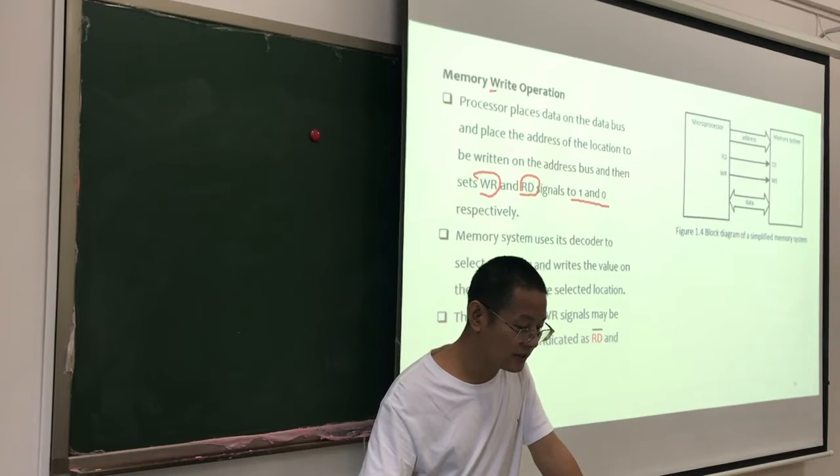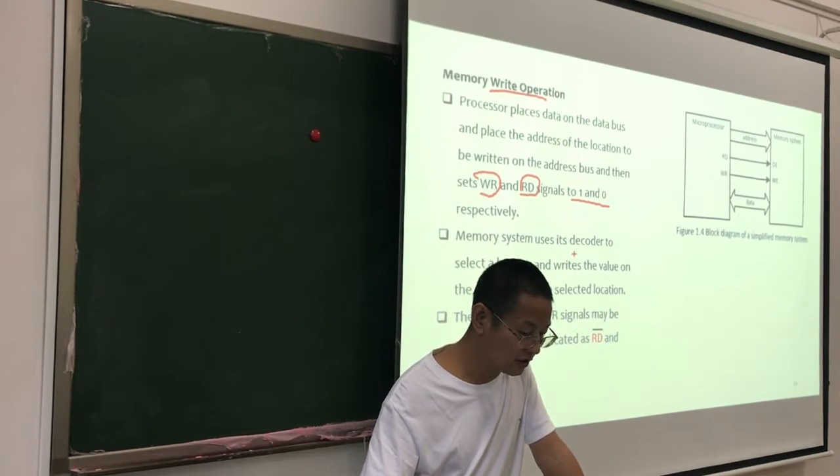Memory write operation. The memory system uses its decoder to select a location and write the value on the data bus into the selected location.